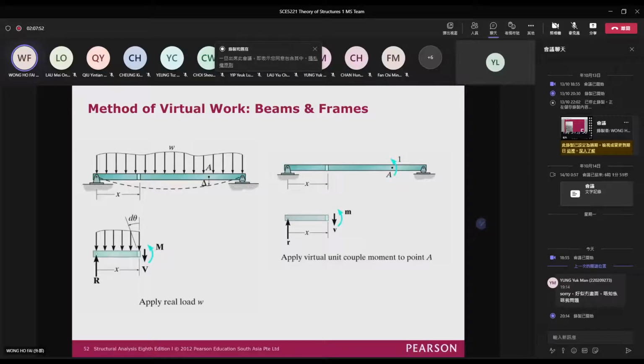Right here, you can see that if you want to find the deformation in the beam at this location, we will consider two things. First of all, we will have the same beam and apply a point load here, which is equal to 1 kN. From that, we will find the virtual moment m.